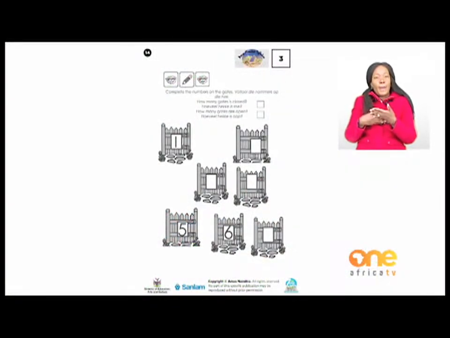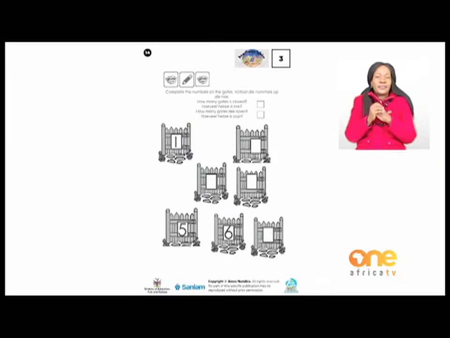We need to complete the numbers on the gates. The gates that are numbered, we are able to read number 1, there is number 5, there is number 6. But all together, how many gates are there?